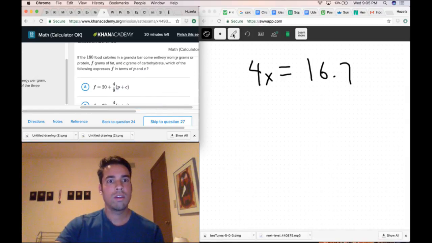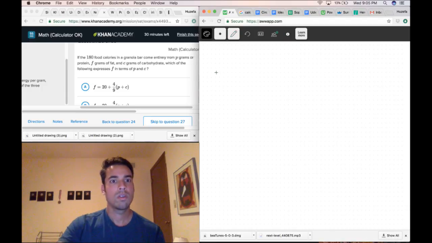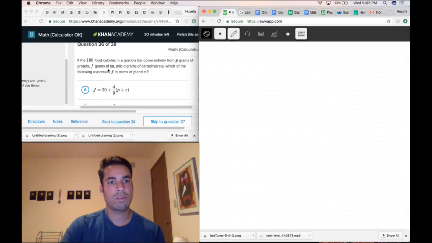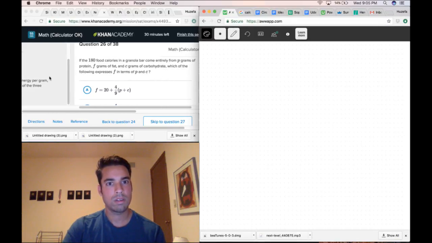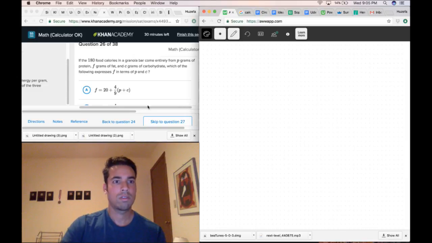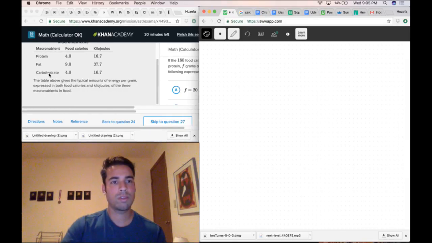Of the 180 food calories in a granola bar, if they come entirely from P grams of protein, F grams of fat, and C grams of carbohydrate, which of the following expresses F in terms of P and C? So we're talking about food calories.